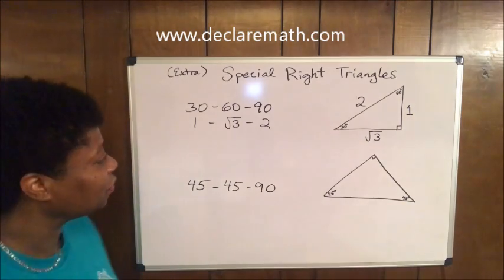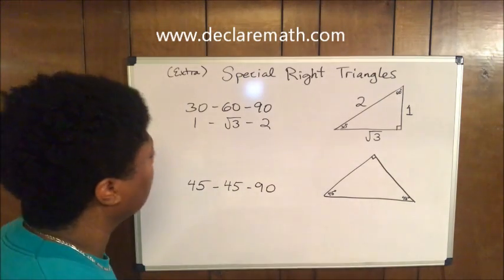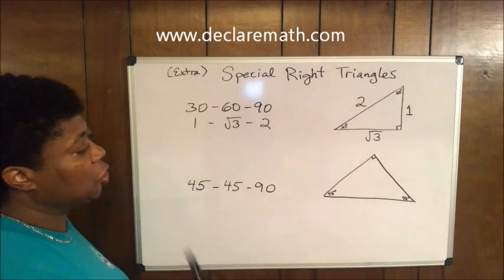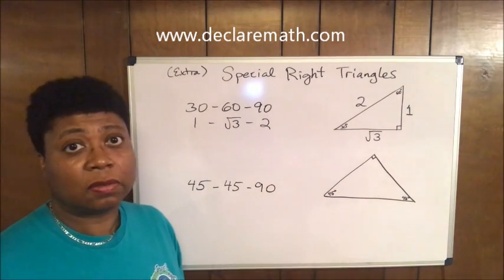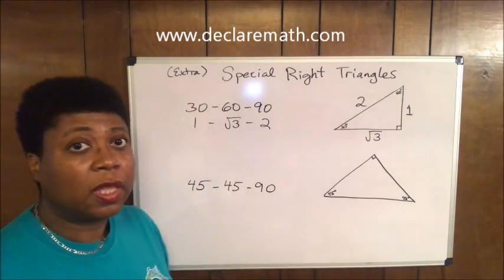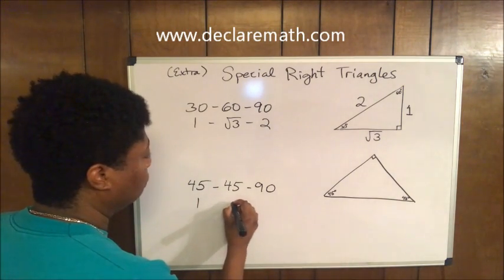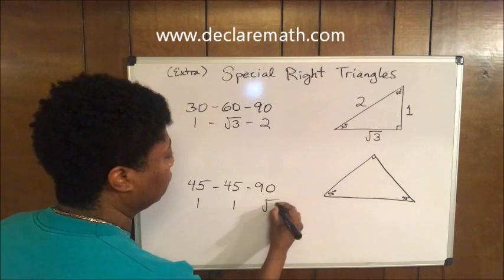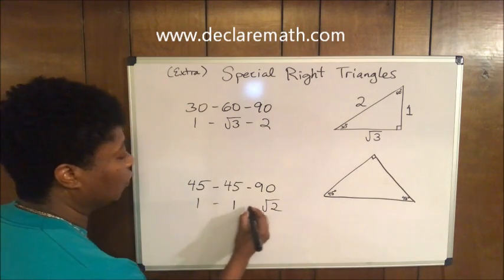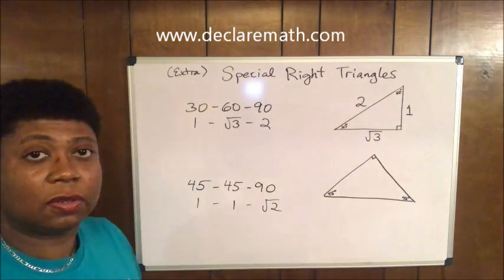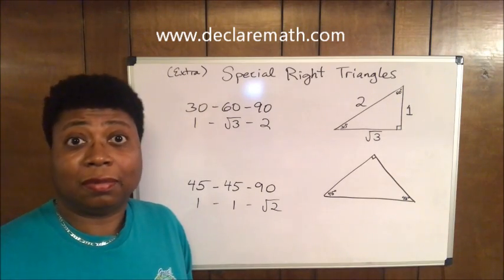Very good. Okay, so now the special relationship that their sides opposite of these angles have is this: 1, 1, square root of 2. If you can remember that, you're done.